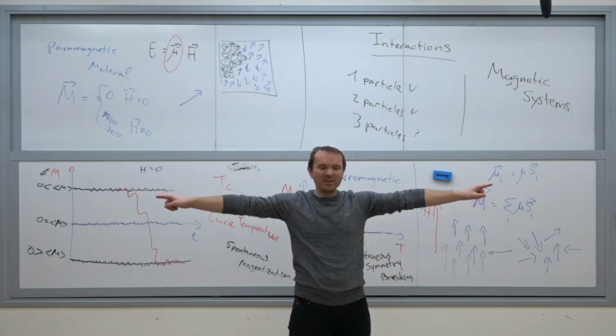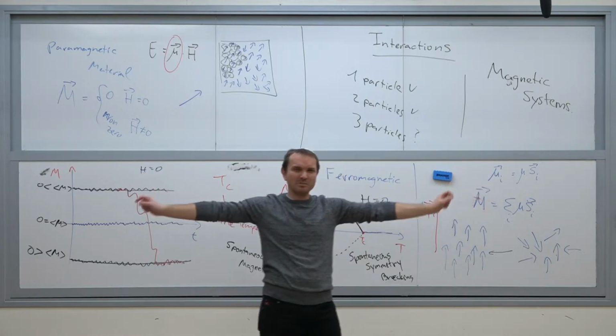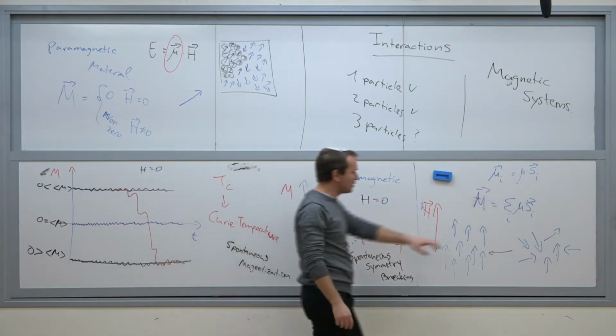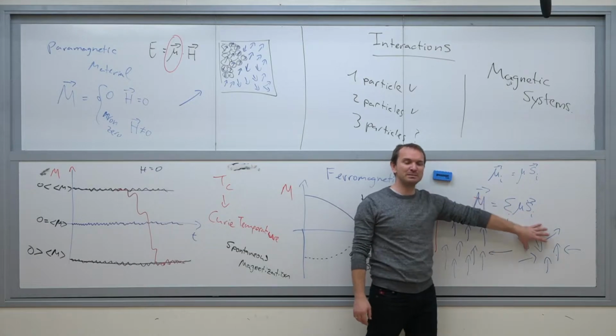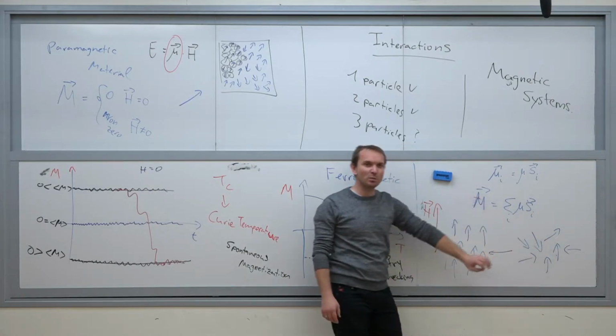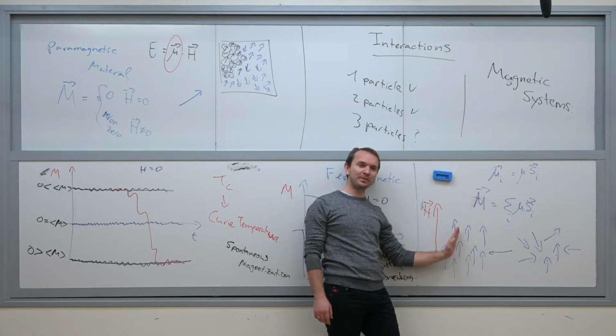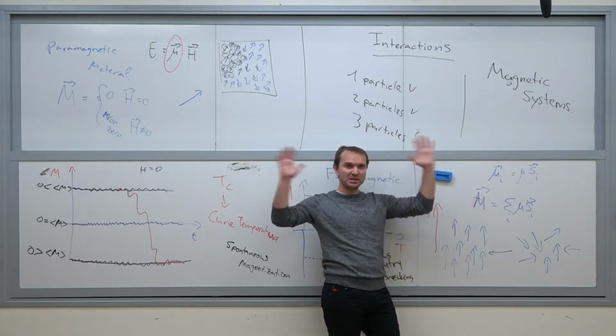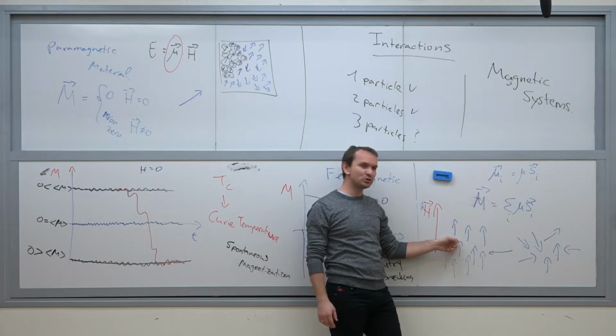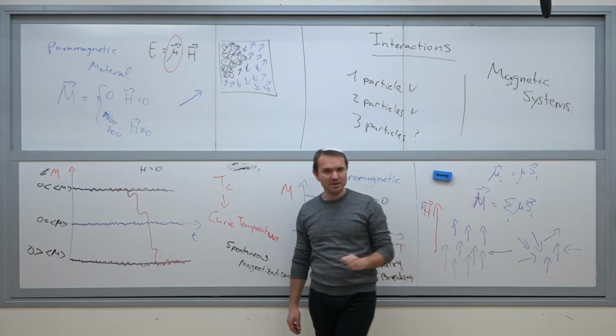It doesn't care. Everything is very much symmetric, so we say there is a very big symmetry in the system. And now the symmetry was broken. What do I mean by broken? There is a preferred direction that everybody, or at least a big chunk of the material, prefers.